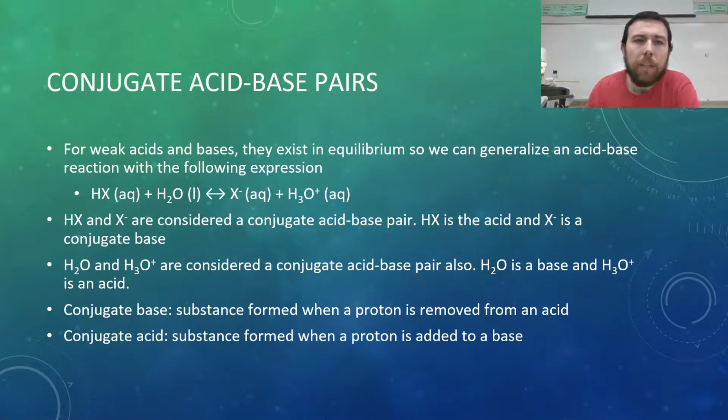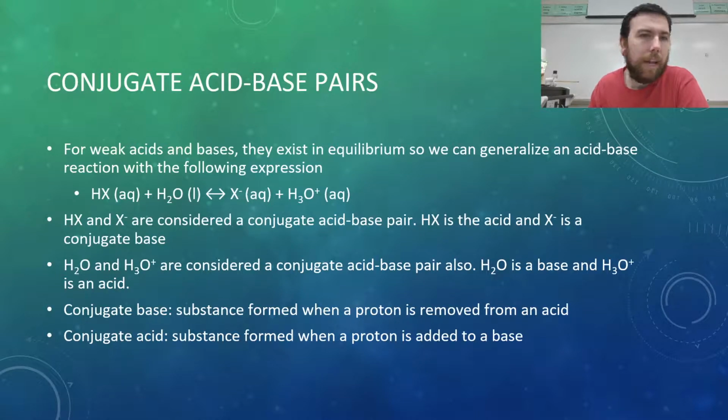In analyzing this general expression, HX and X minus have a specific relationship. HX is what donated the proton, X minus is what was left over after the fact. So HX was our acid, but its conjugate base is X minus.